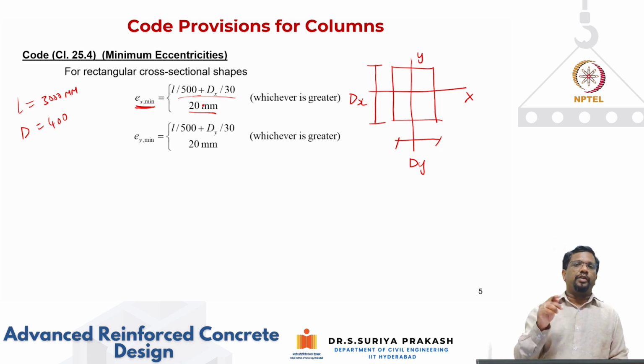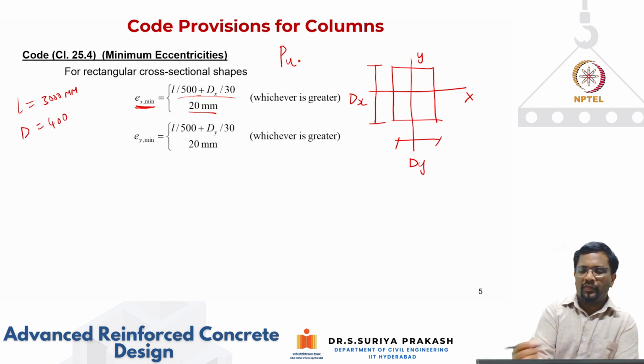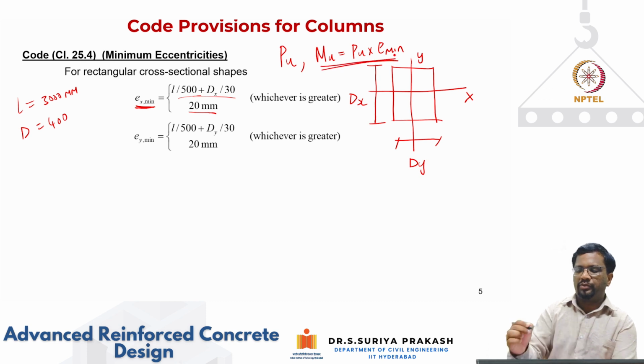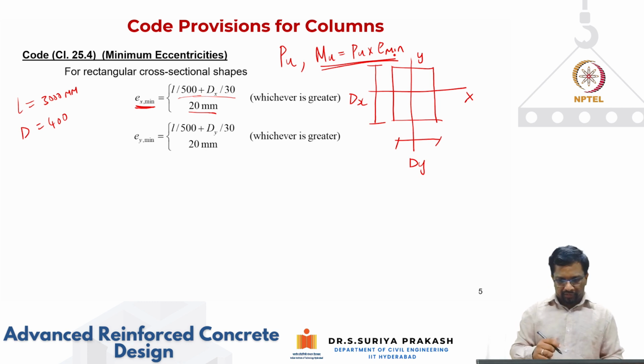You should take 20 mm as the minimum eccentricity. So whatever the Pu that you are designing for, you should also consider Mu in your design, that is equal to Pu multiplied by e minimum. So that is the concept. The code wants you to design for some minimum bending moment about both axes.